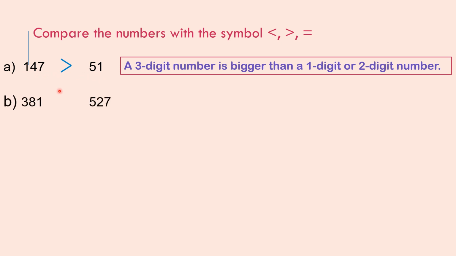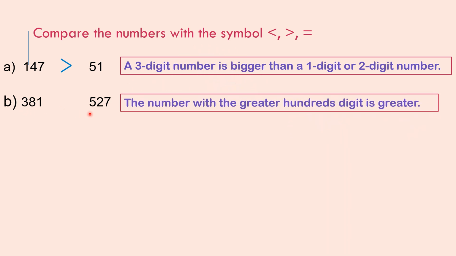B. 381, 527. As we have seen in the previous slide, we start comparing from the hundreds. As both are 3-digit numbers, we'll start comparing from the hundreds. The number with greater hundreds digit is greater. So let's see 3 and 5.